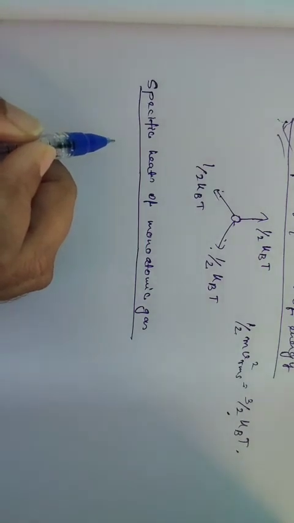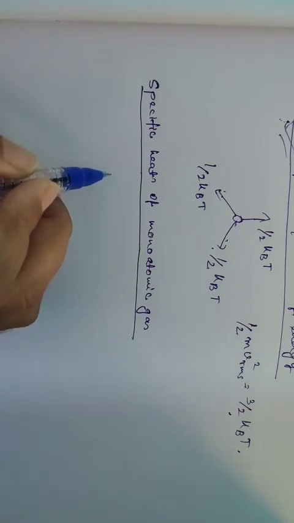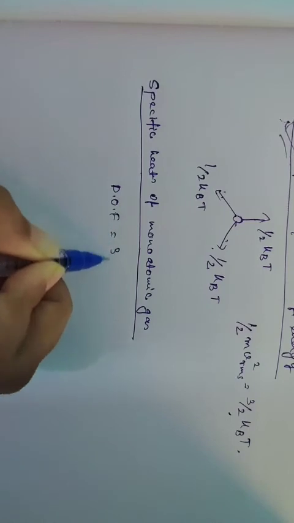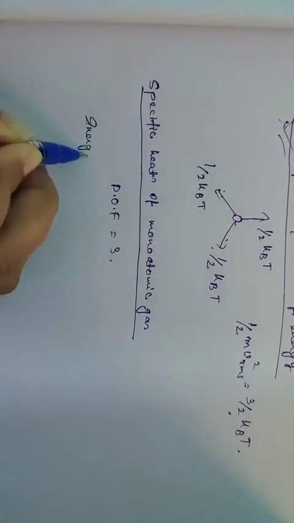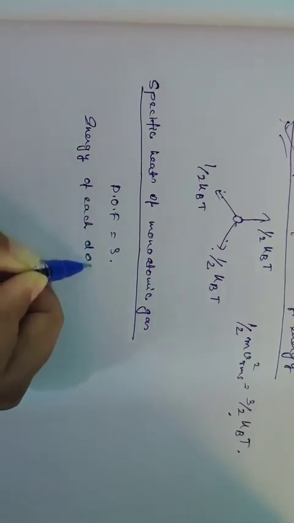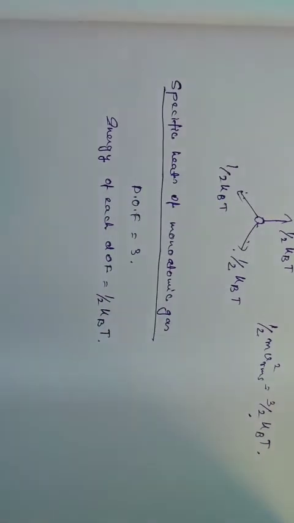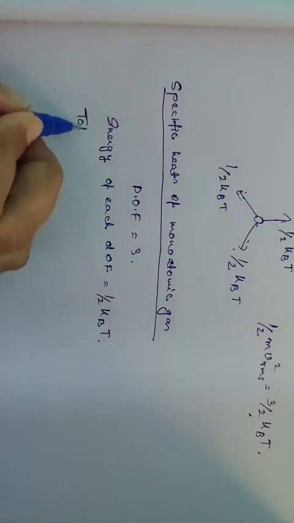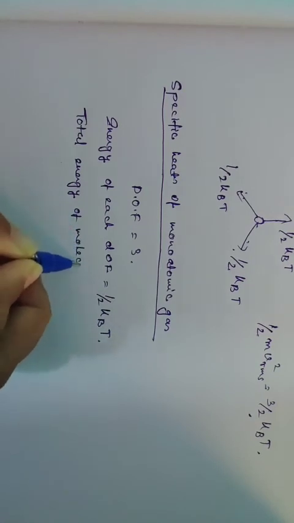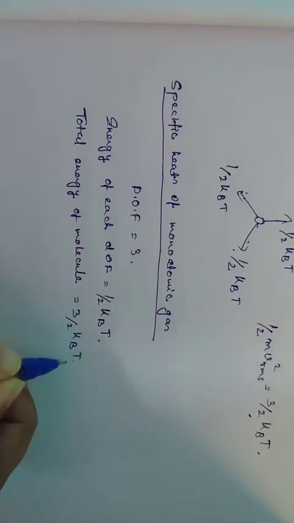So the next is the specific heats of monoatomic gas. Now here for one molecule the degrees of freedom is 3, and we know that the energy of each degree of freedom is half kBT. Now the total energy of a molecule will be 3 by 2 kBT.